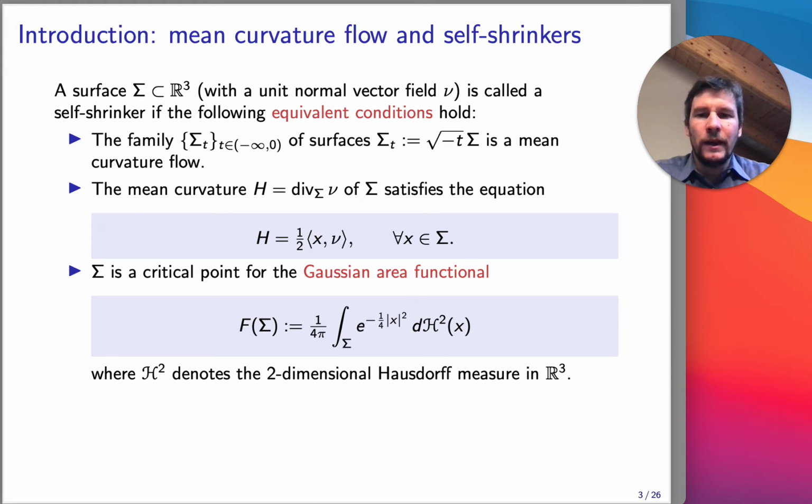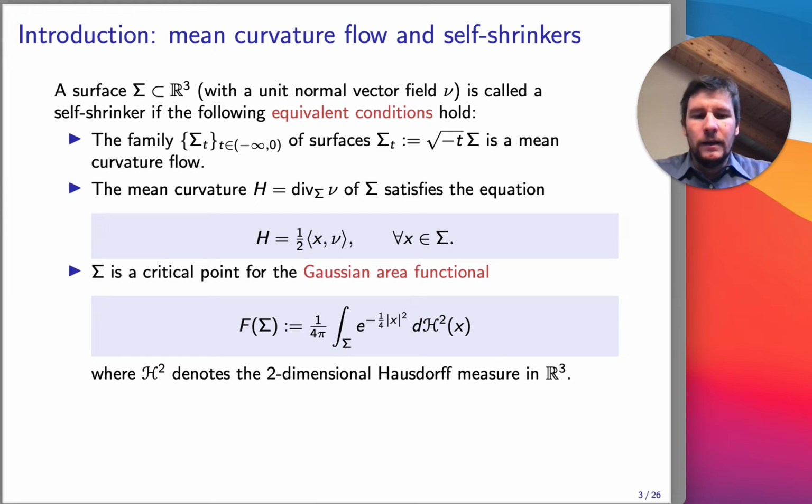So the Gaussian area functional, just like the normal area functional, you integrate with respect to the two-dimensional Hausdorff measure. So this H2 is the two-dimensional Hausdorff measure. You integrate over your surface sigma, but now you integrate with a weight, and this weight is e to the minus 1/4 x squared. And then the factor in front of the integral, so the 1/4 pi, this is just a normalization factor. And we will see in a minute why we have this normalization factor.